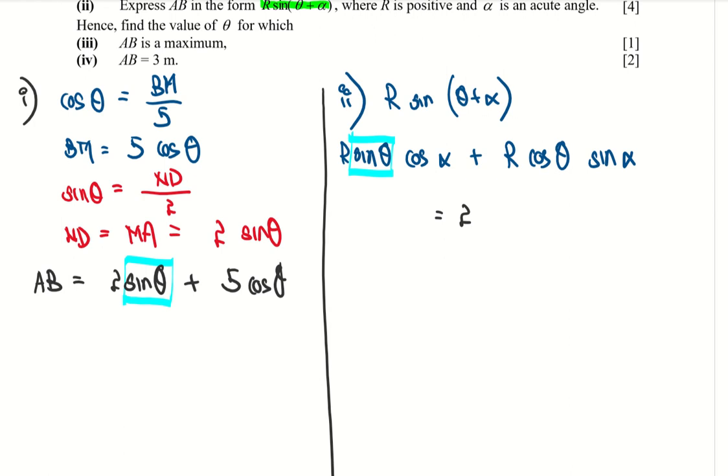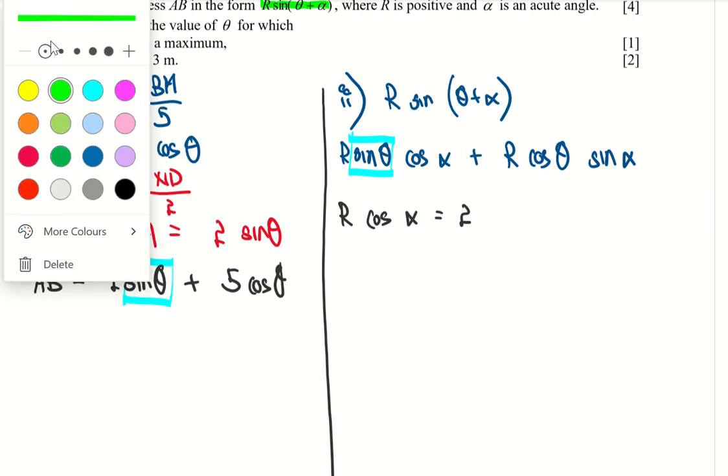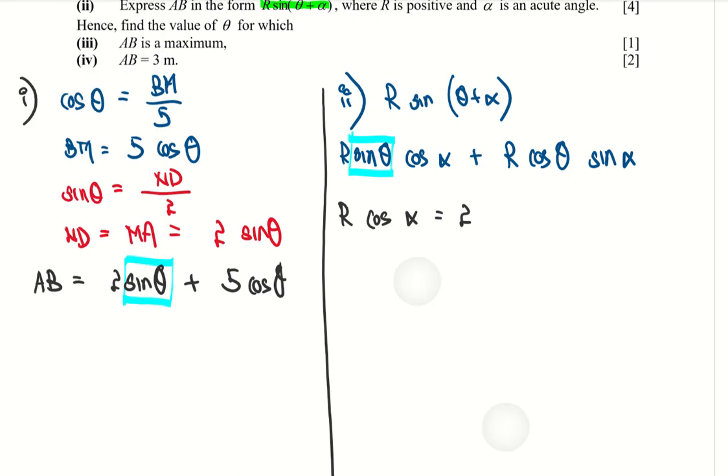Likewise, the coefficient of sine theta is also R cosine alpha. Next, look at the next one. I'm supposed to look for cosine theta, cosine theta. Likewise, please write the coefficient out. And this is where you secure your first method mark.